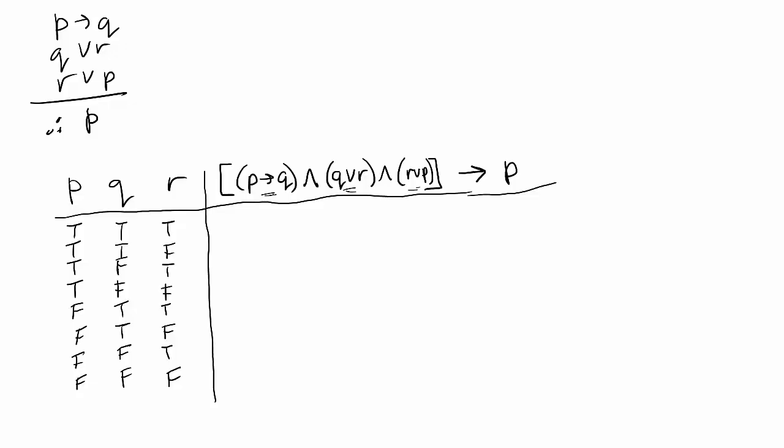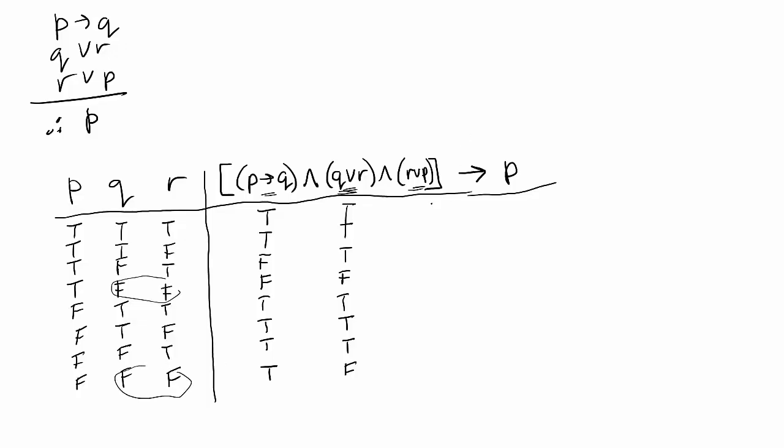So if P, then Q, that's going to be true, true, false, false, and then the last 4 are all true by default. Then I'm going to do the second parentheses here, Q or R, true, true, true, false in that fourth case there, true, true, true, false in that eighth case.